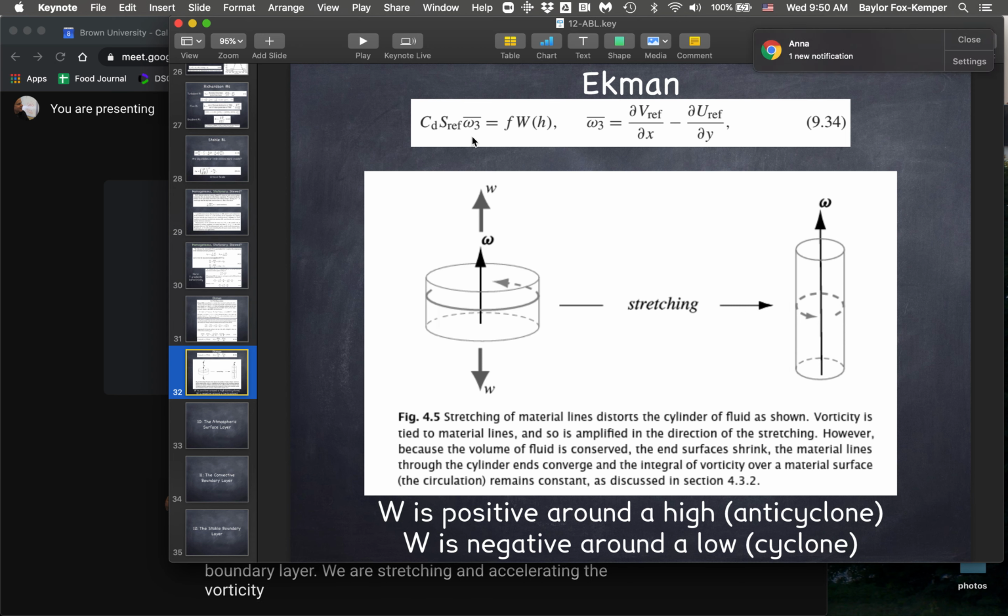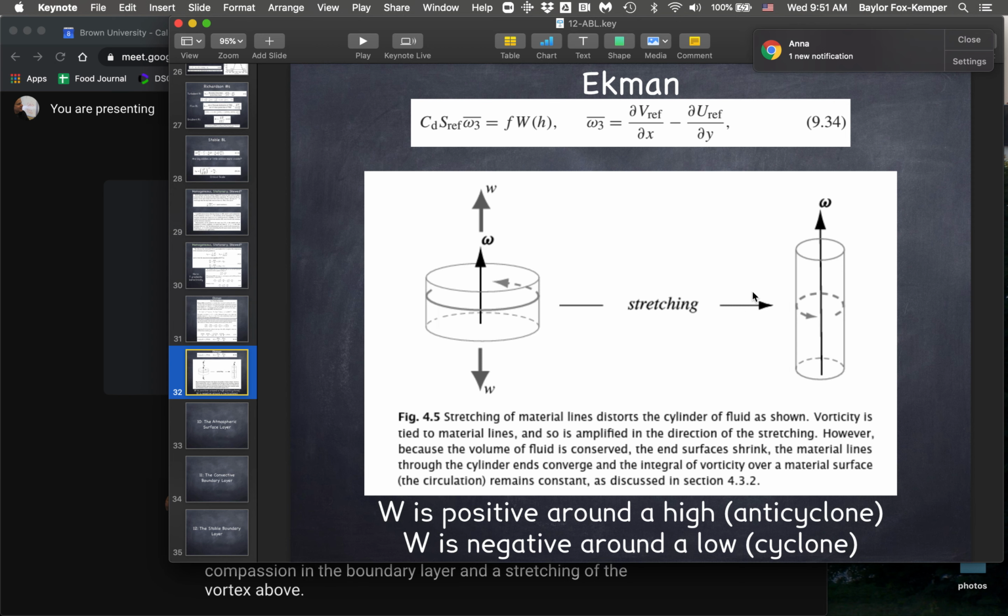So if there's a positive vertical vorticity above the boundary layer, we're doing a stretching of the boundary layer and a contraction of the vortex that's sitting on top of the boundary layer. If the other way around, if we have an anticyclone above the boundary layer, then we tend to have a compaction in the boundary layer and a stretching of the vortex above the boundary layer.